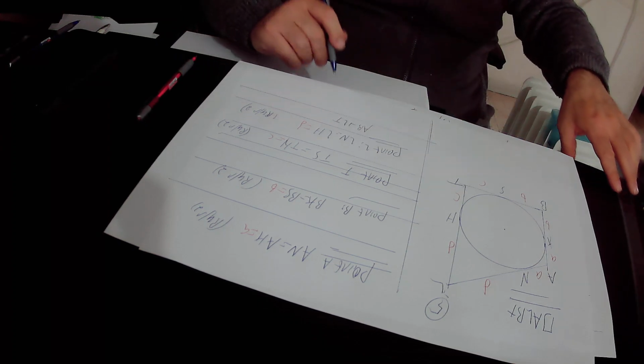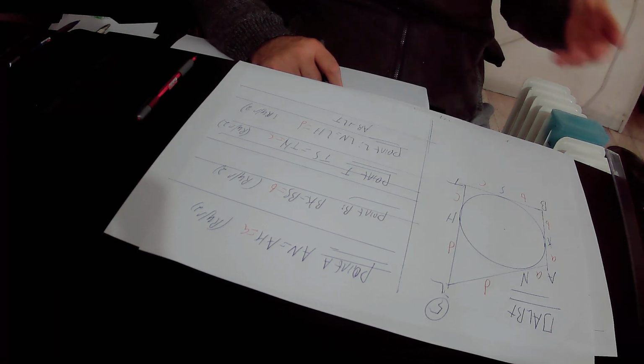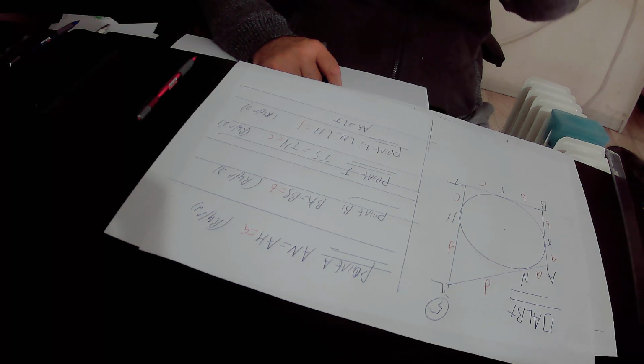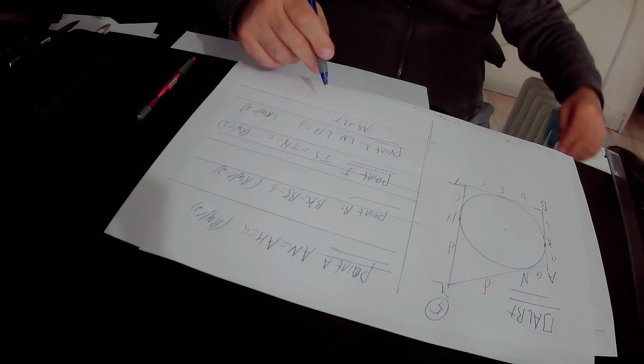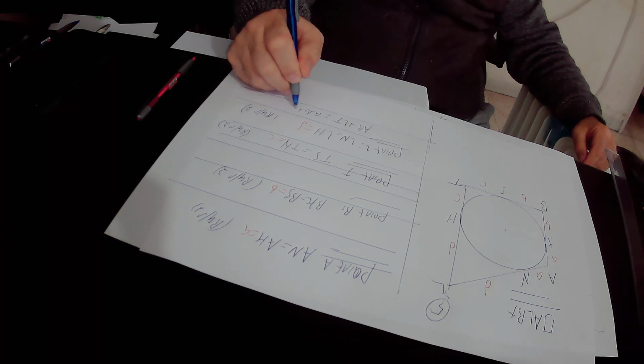From the drawing, it is very easy to see that AB equals A plus B and LT equals C plus D. Therefore, in total, AB plus LT will be equal to A plus B plus C plus D.